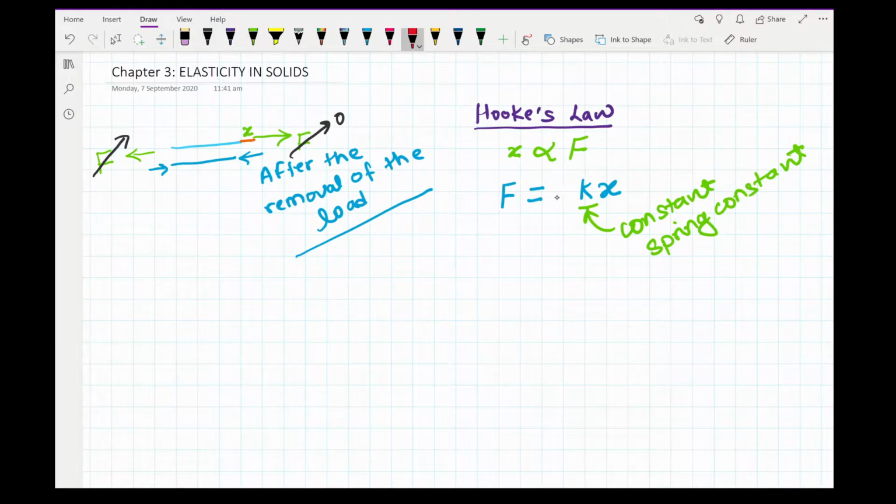But we generally put a negative sign in front to indicate that this rod is trying to come back to its original shape.